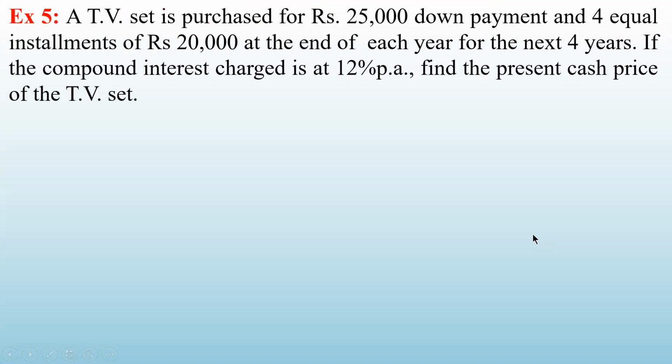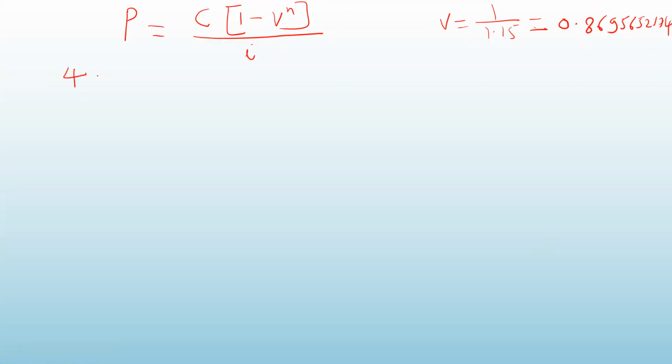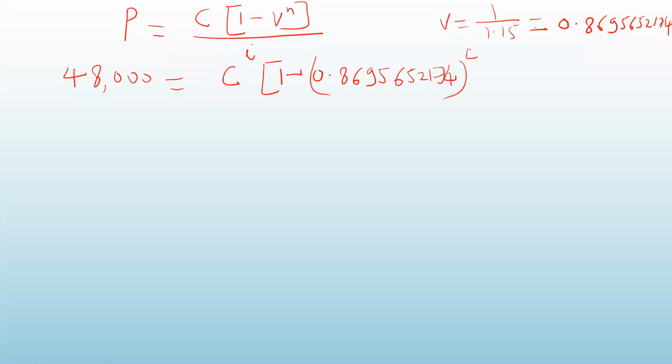P is 48,000. C you have to calculate. 1 minus V, where V is 0.8695652174, raised to power N. How many installments?